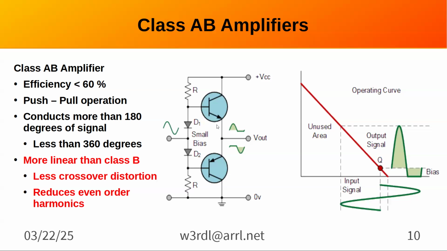You have to get slightly below that bias voltage in order to get back to zero, and that's why it's showing conducting on the other part of the cycle.